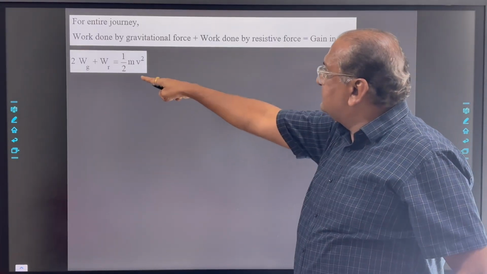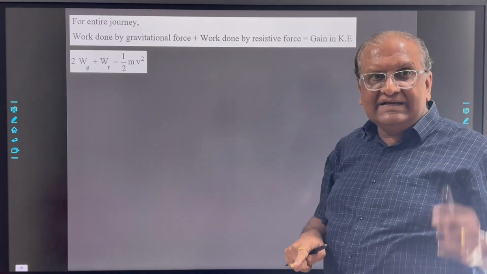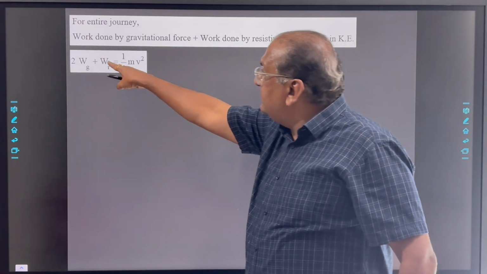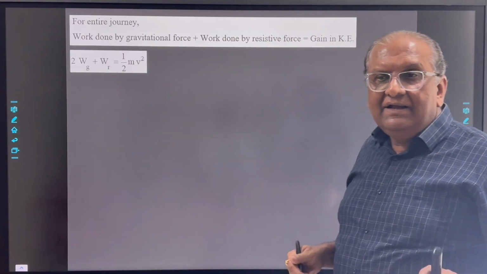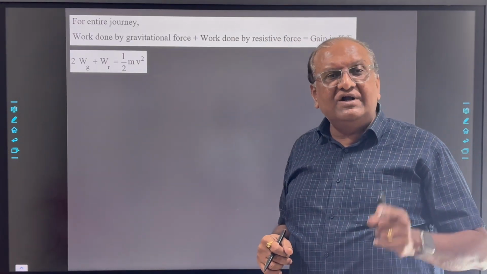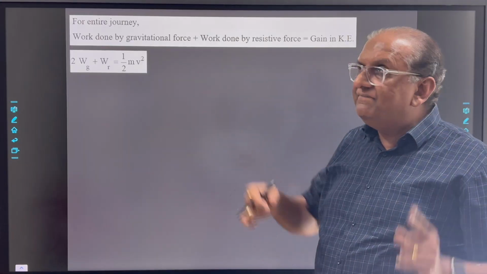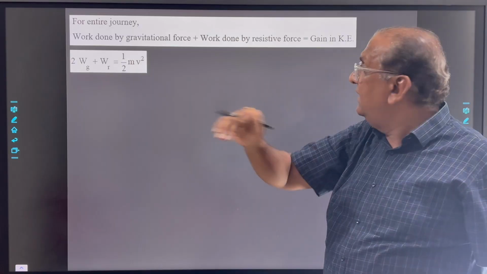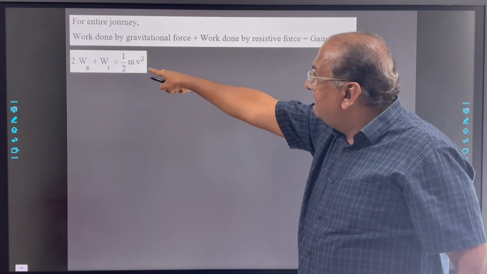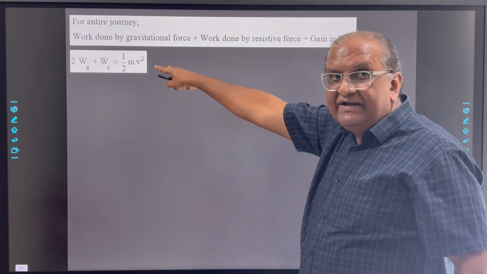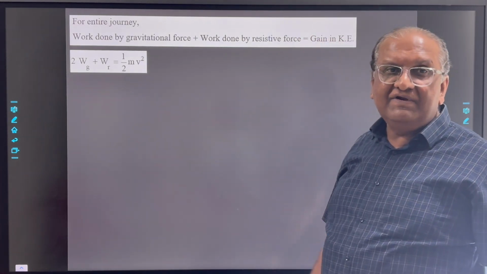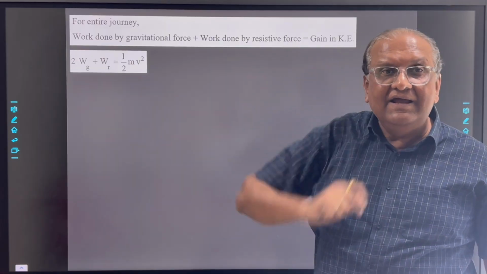Right? Plus, during the entire journey, there is the work done against the resistive force. So that is W_r. And net work done is equal to change in kinetic energy. It's free falling, so initial velocity is 0. So whatever is the final velocity, the final kinetic energy is (1/2)mv². That is the change in kinetic energy.